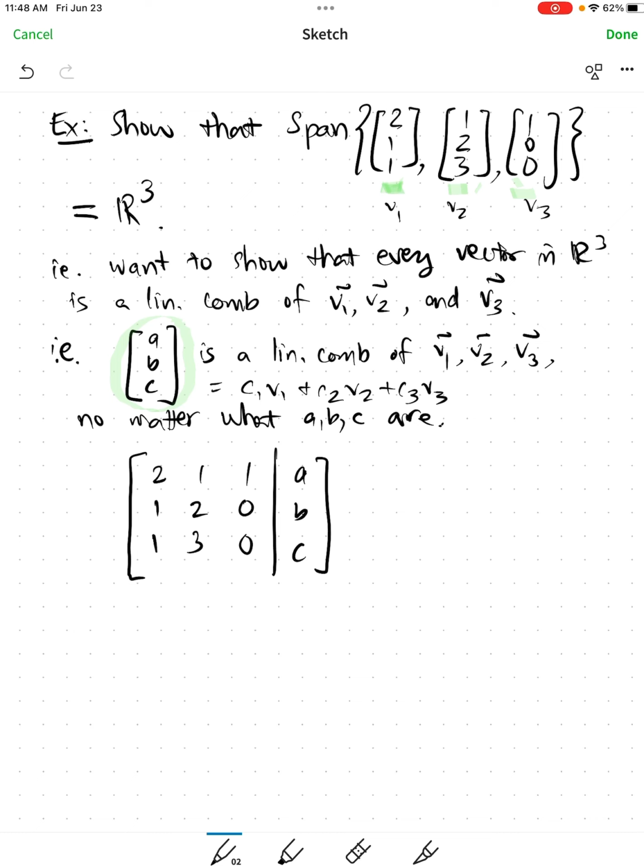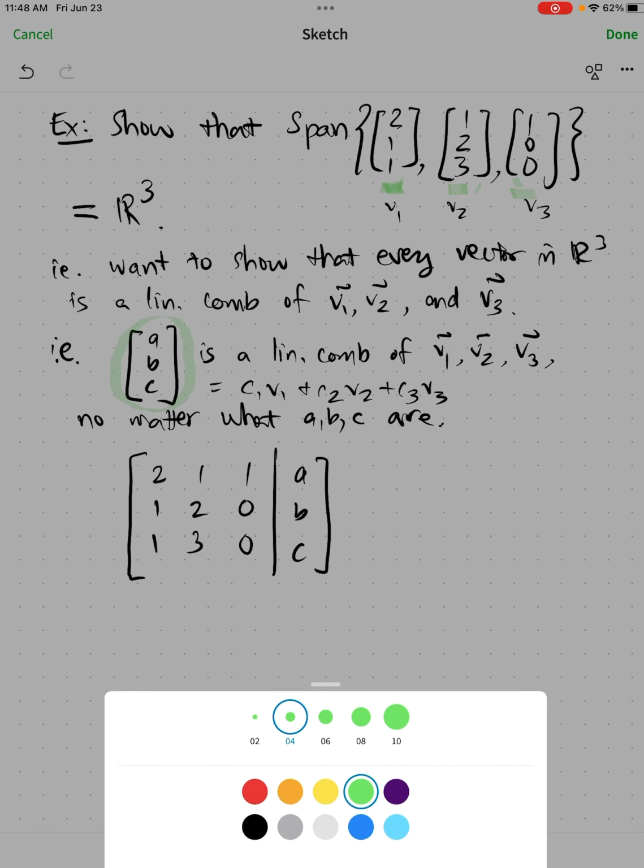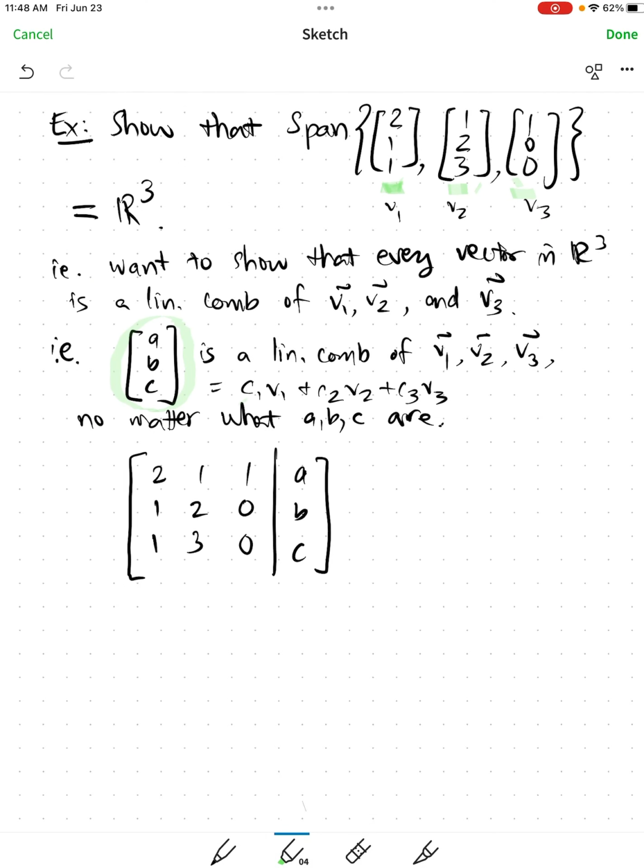Is it possible to come up with a c1, a c2, and a c3 that will make the vector a, b, c equal to this? Because the c1, c2, and c3 will be a solution to this system of equations.